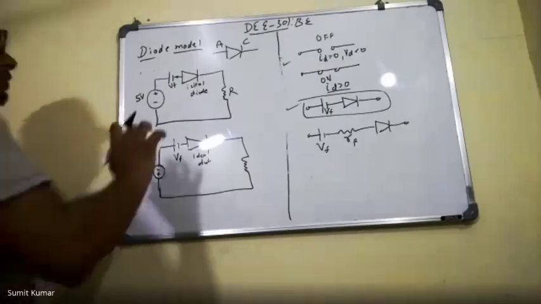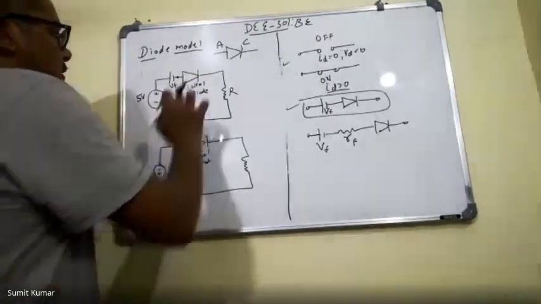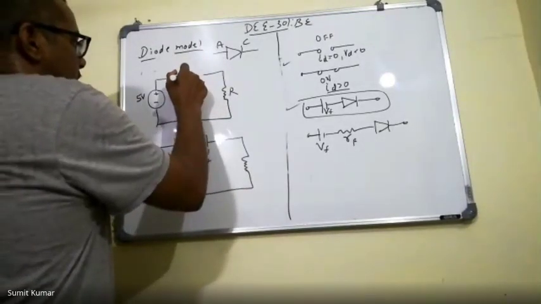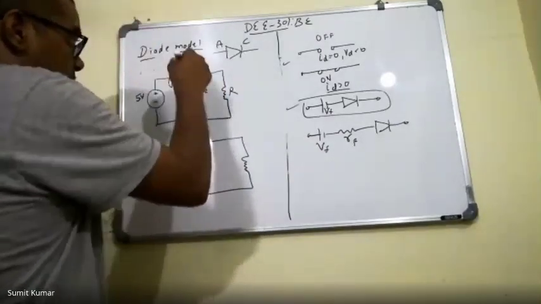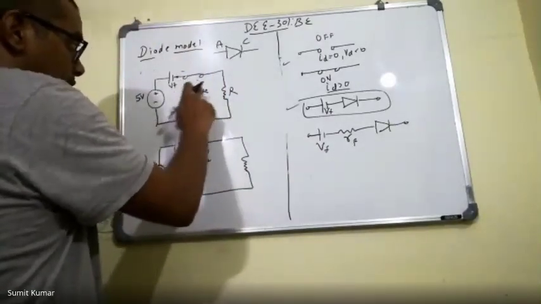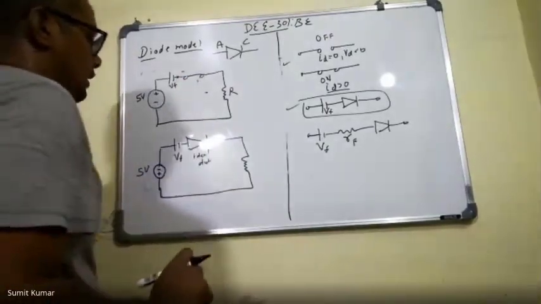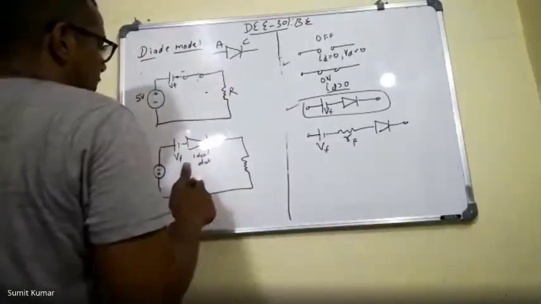So if this positive voltage is applied here, then this diode will be on, and we can replace this diode by a short circuit, because this is on, and this is our ideal diode. So now we are doing the analysis for the ideal diode, and now we can calculate the current.